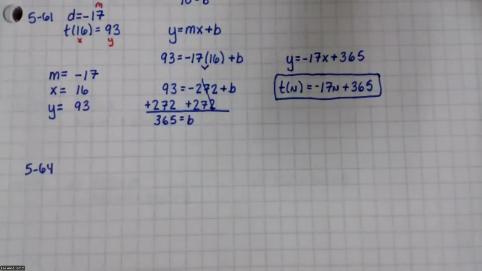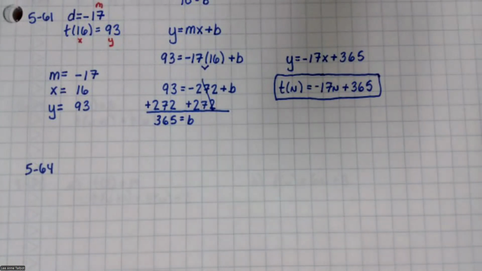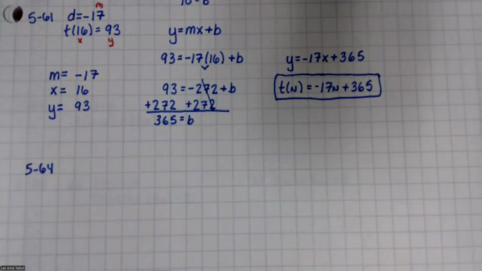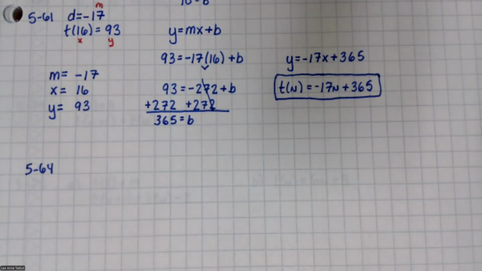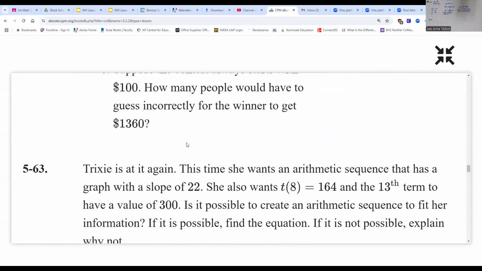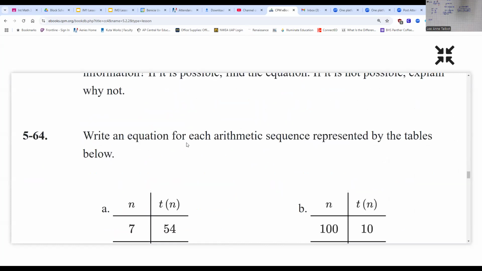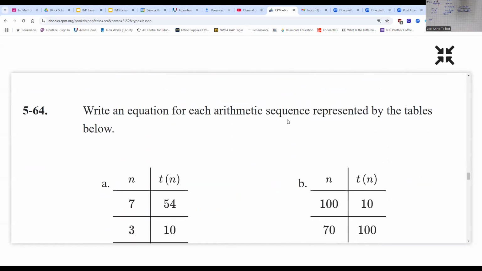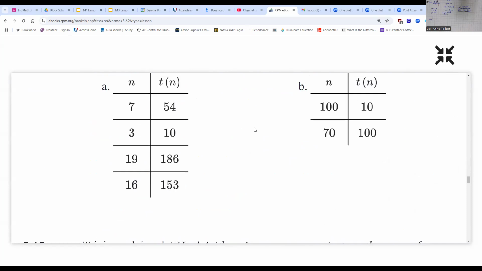Three down, two to go. Okay, 64. But we're just going to do A. Write an equation for each arithmetic sequence represented by the tables below.